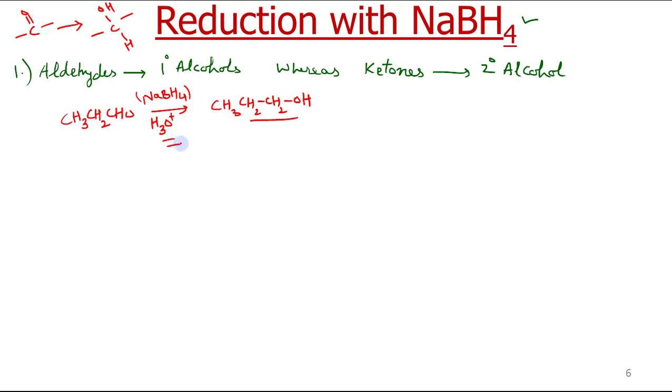the second step is hydrolysis. Similarly, suppose we have a ketone, let us take the example of a cyclic ketone, C double bond O. On reduction with NaBH4 and subsequent acidic hydrolysis, this will be the product, OH, one hydrogen atom to carbon, one hydrogen atom to oxygen, and this is a secondary alcohol, while the previous one is a primary alcohol.